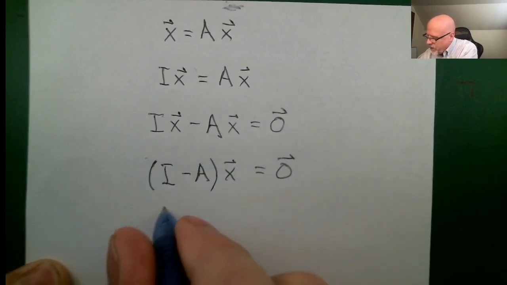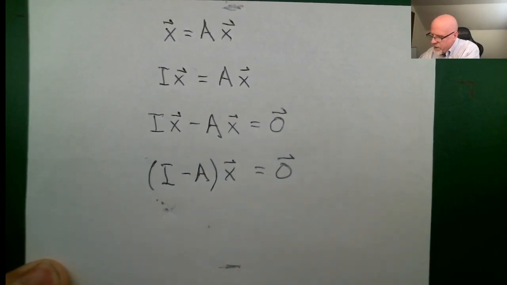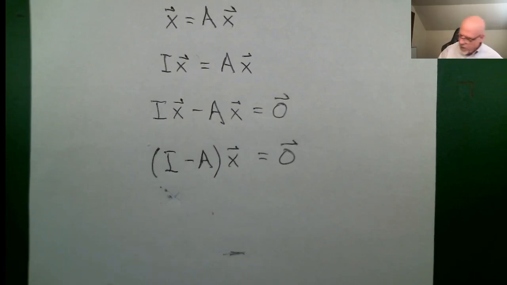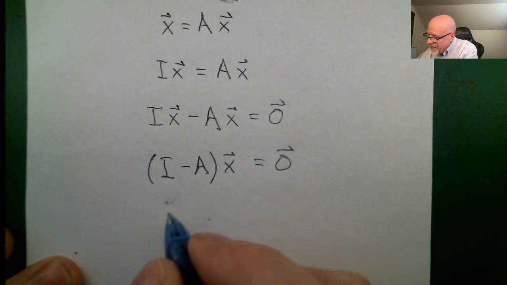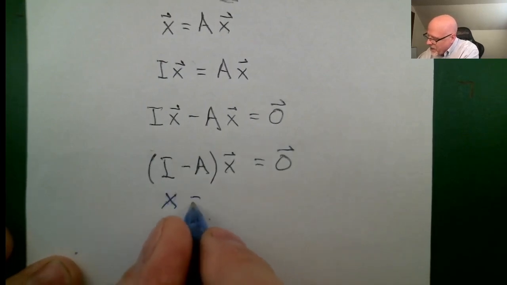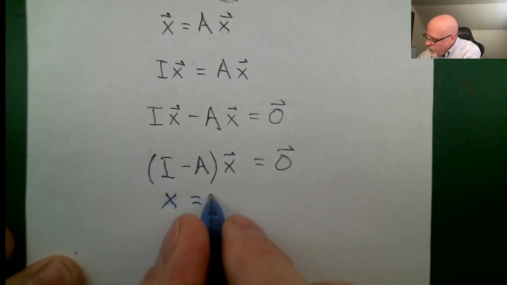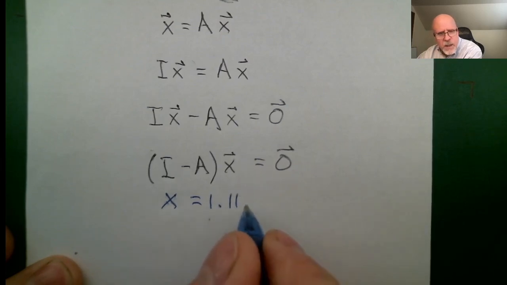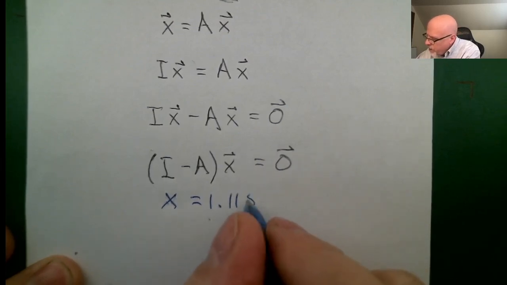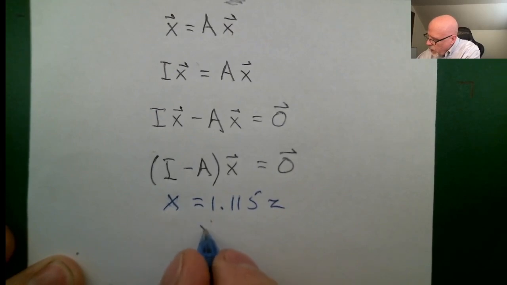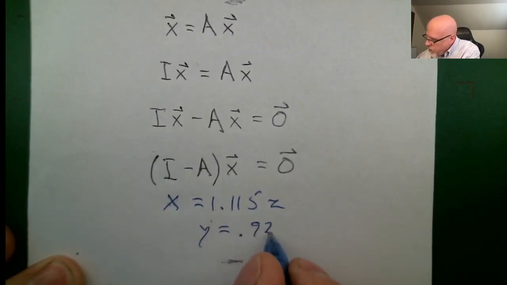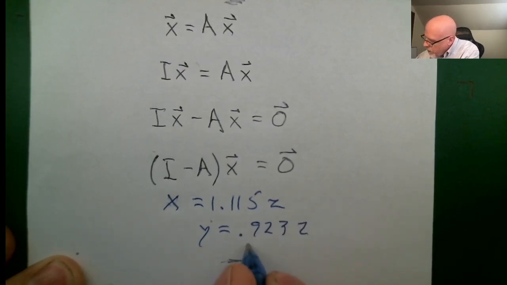So we have an answer where, anyway, x is 1.115 times z. I rounded it wrong. y is 0.923 times z. And z is a free variable.